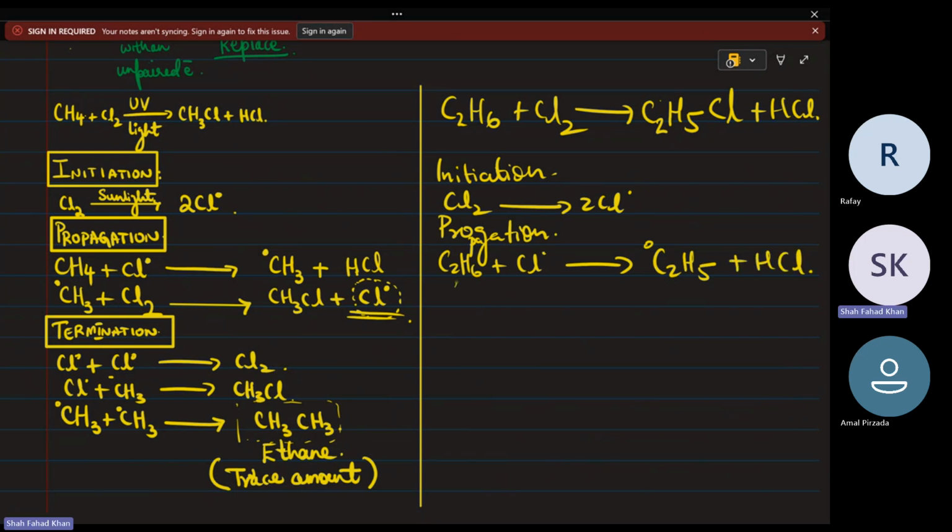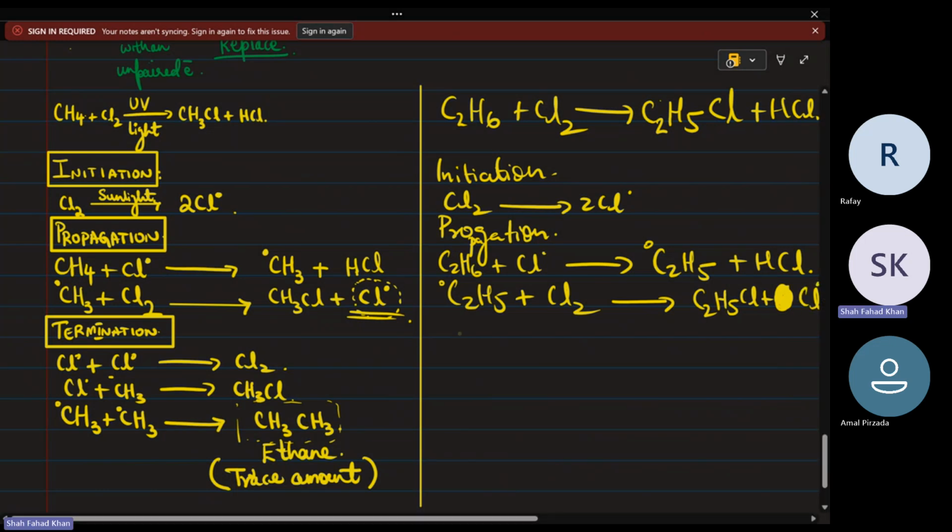And then the C2H5 free radical is going to attack a chlorine molecule, which will reform the major product C2H5Cl along with a chlorine radical. So in this case as well, the chlorine radical is regenerated. Once the chlorine radical is regenerated, that's it. You just stop there.